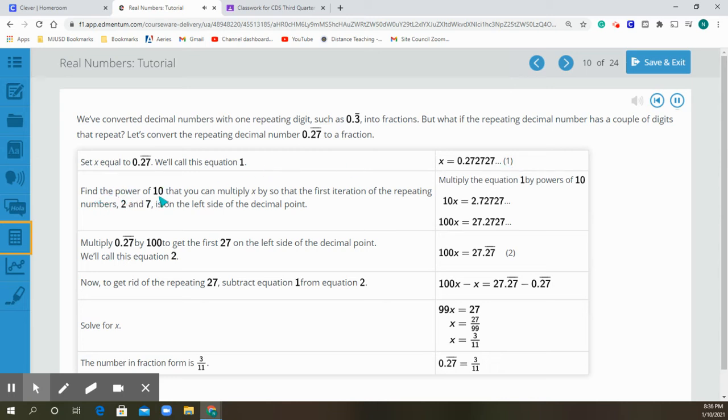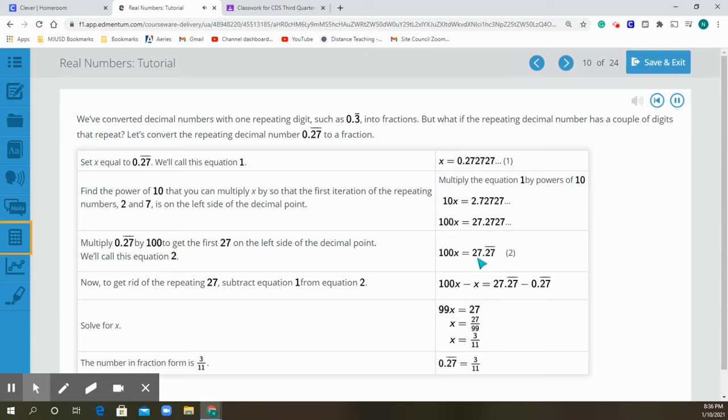Find the power of 10 that you can multiply x by so that the first iteration of the repeating numbers, 2 and 7, is on the left side of the decimal point. Multiply equation 1 by powers of 10. 10x equals 2.72727. That wasn't enough. 100x equals 27.2727.